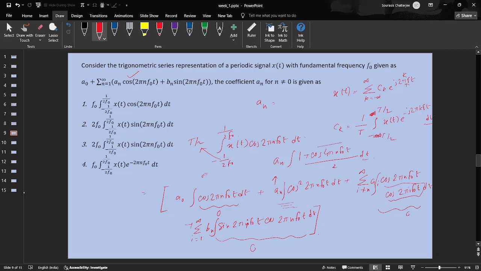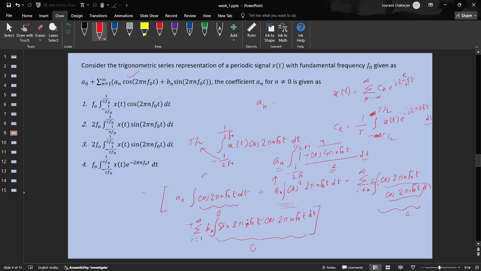This is another sinusoid with a fundamental frequency 2 f naught. That integration means I am integrating over 2 time cycles, so this part is not of our interest. So essentially we are left with an over 2, and there is a dt also that runs from minus 1 over 2 f naught to 1 over 2 f naught.